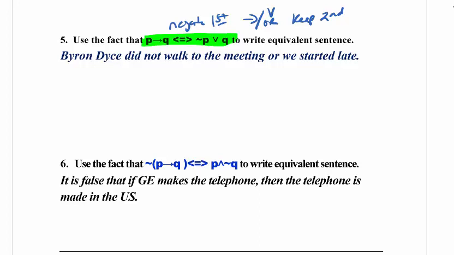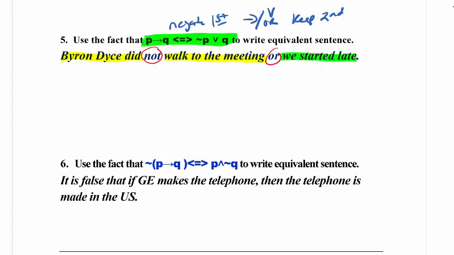And again, I am going to think about it in symbols first. So I'm going to go through here and circle my key words. So I have Bryce walked to the meeting, and I have we started late.